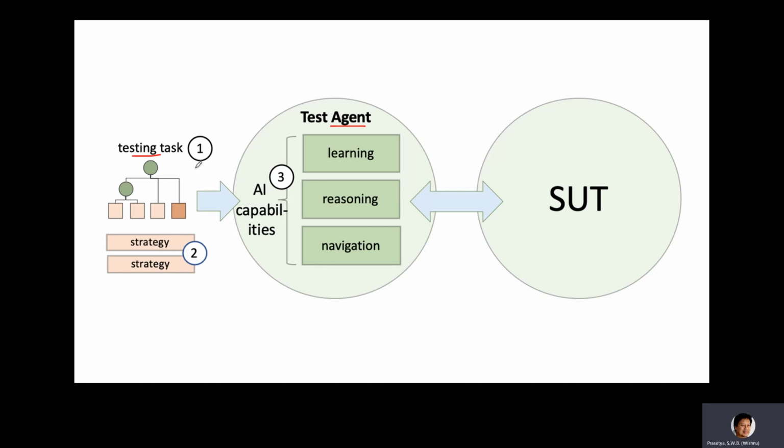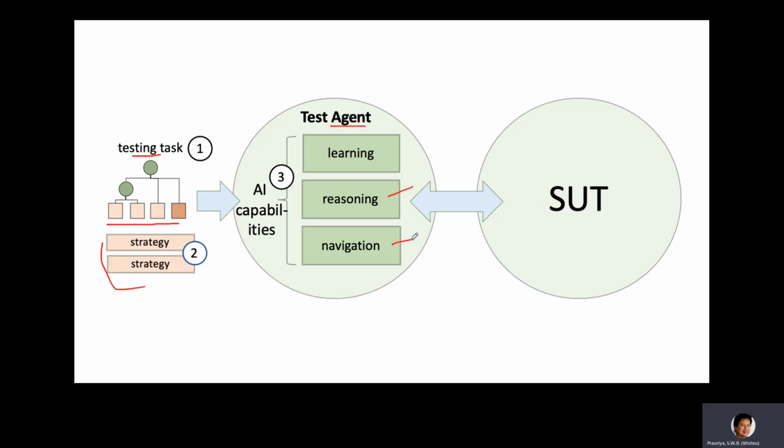But when formulated like that, usually it will be way too difficult for the test agent to solve automatically. So one way that we can deal with that is to break down such a task into smaller goals and then handle those smaller goals using strategies which eventually will invoke the underlying basic AI capabilities of the agent, something like reasoning and automated navigation.